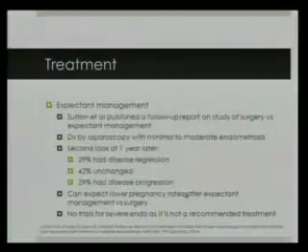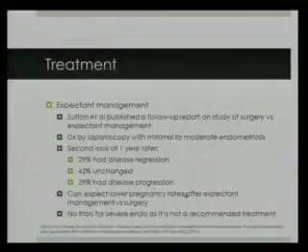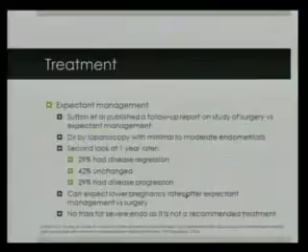So first, expectant management. A guy named Sutton from the United Kingdom published a study looking at surgical management versus expectant management for endometriosis. He recruited patients with a previous surgical diagnosis of endometriosis stage 1 to 3, and sorted them into either laser therapy or expectant management.